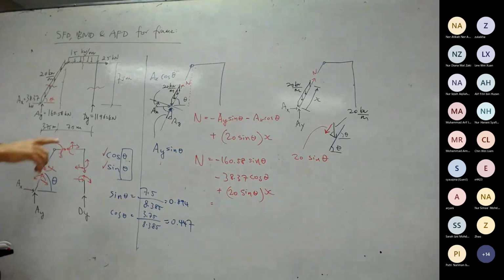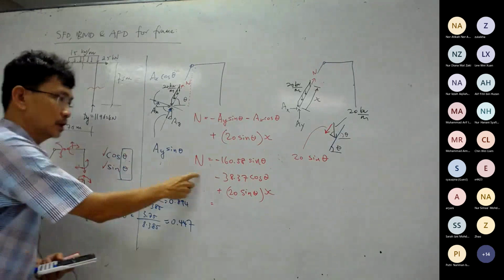So now, because I want to get this, so that when we want to draw the shear force diagram and bending moment diagram, I get this equation for N here.